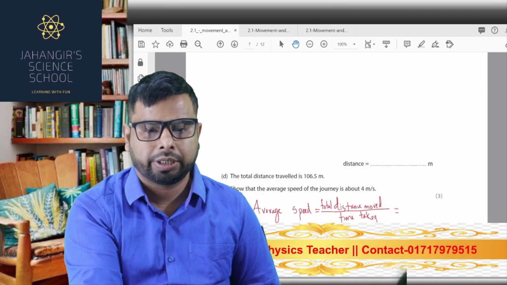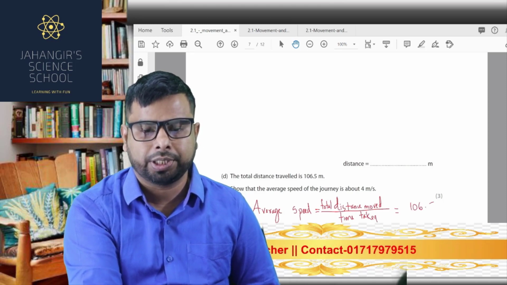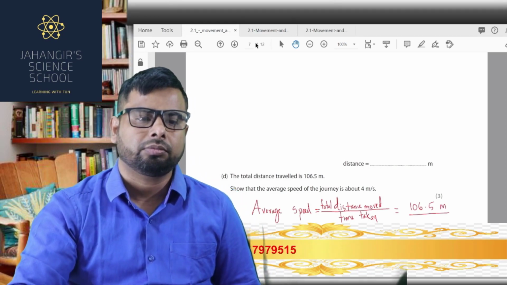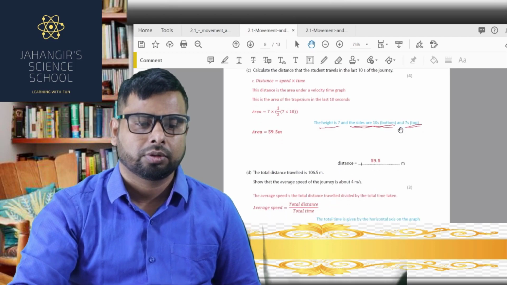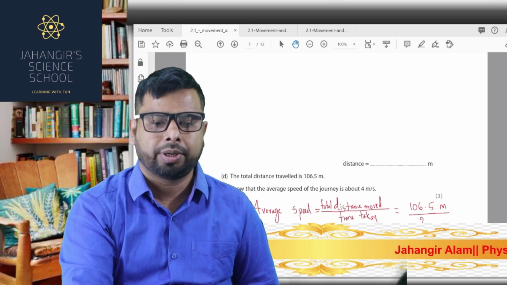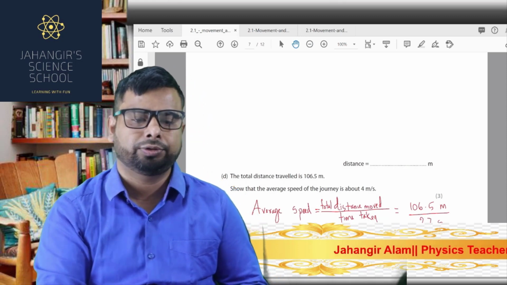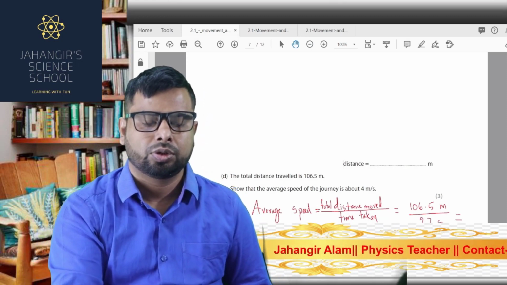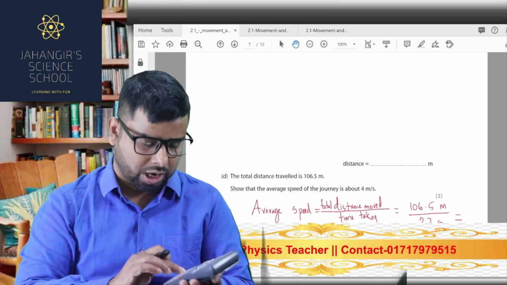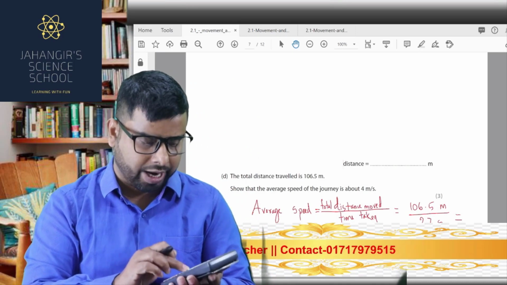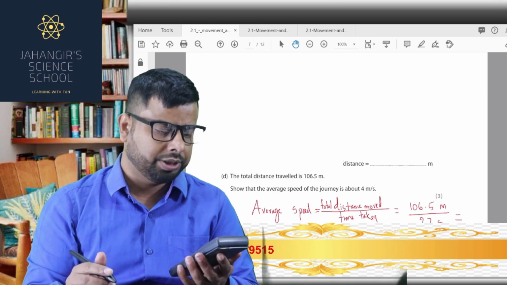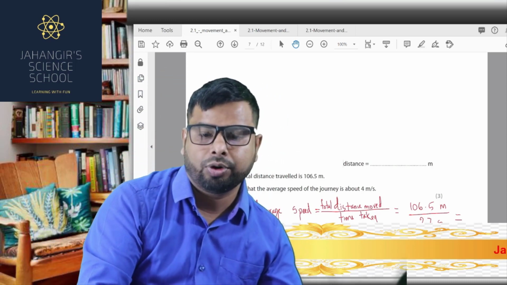Total distance here is 106.5 meters and the total time is about 27 seconds on the graph. So 106.5 divided by 27 gives 3.94 meters per second.